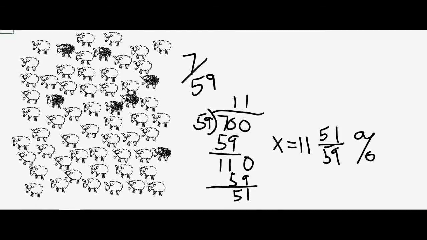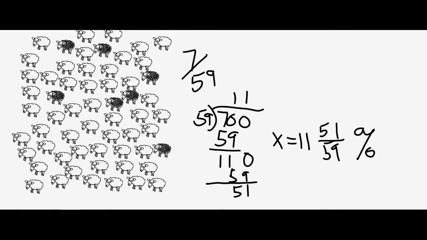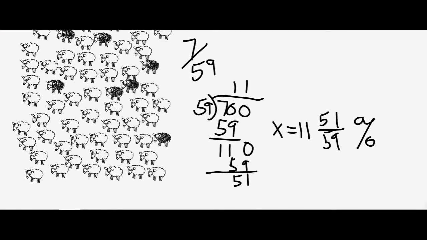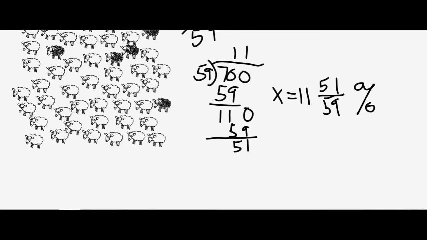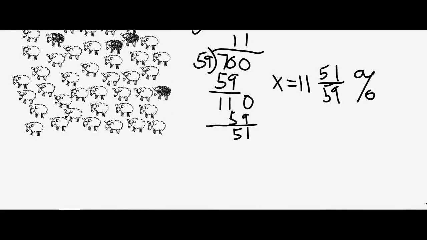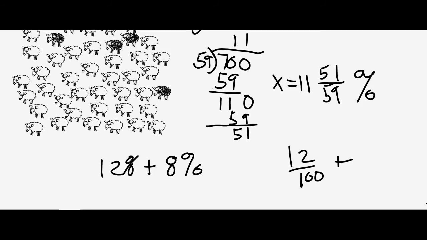Decimals are a good way to do things. But percents were a good way to compare numbers before calculators. One interesting thing about percents: if you have 12% and you add 8%, that's really 12 over 100 plus 8 over 100.